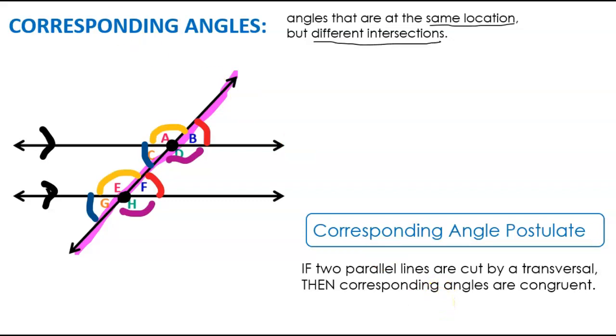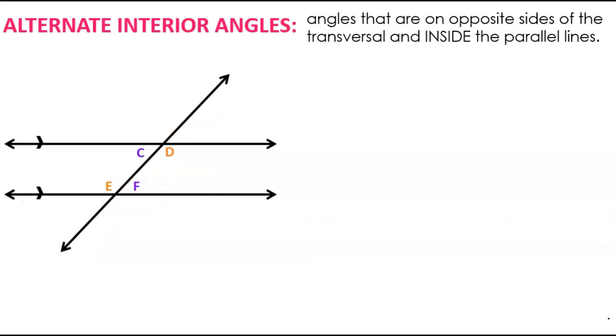Okay, I'm going to highlight that part right there. If two parallel lines are cut by a transversal, then corresponding angles are congruent. So if those lines are parallel and they're cut by that transversal, then we know that the corresponding angles are congruent.